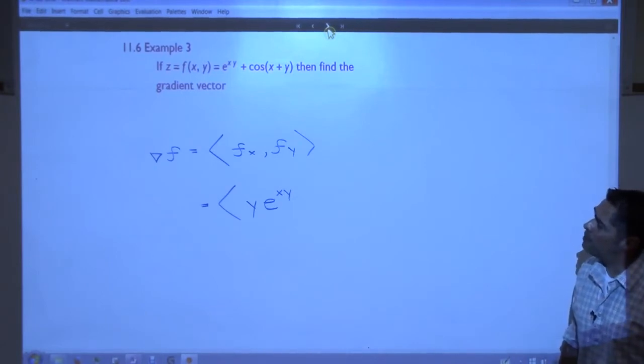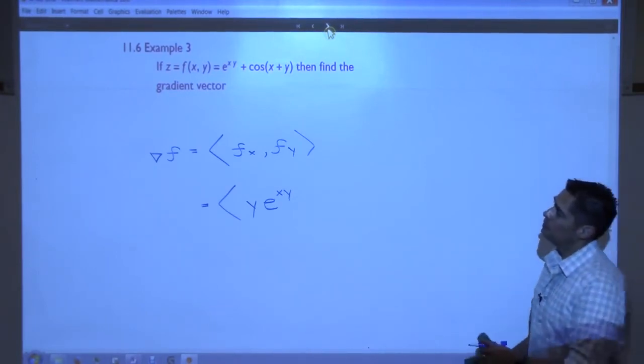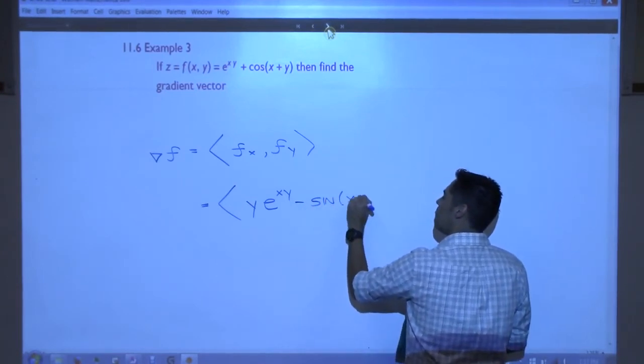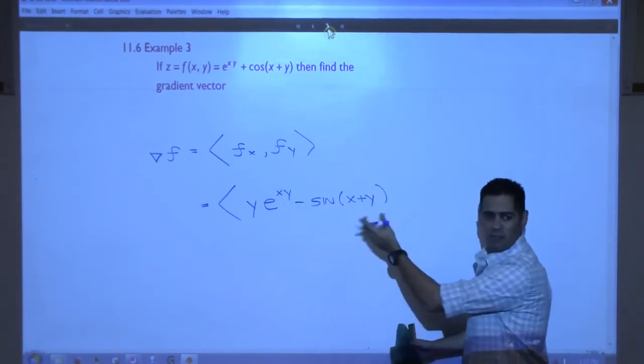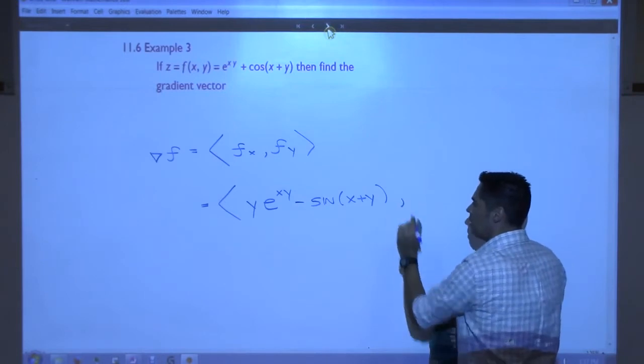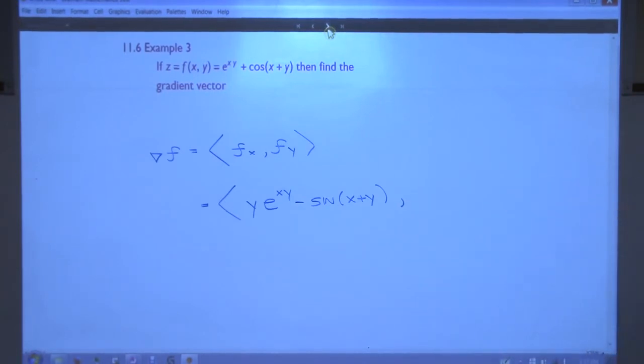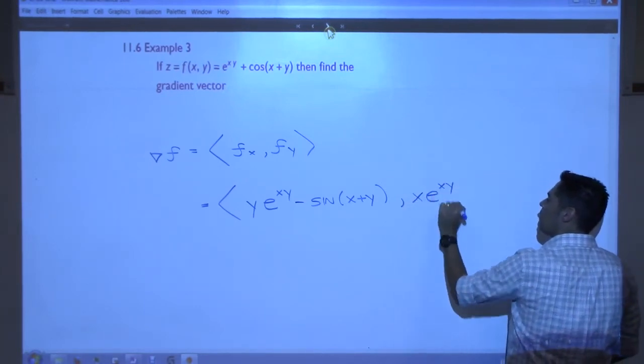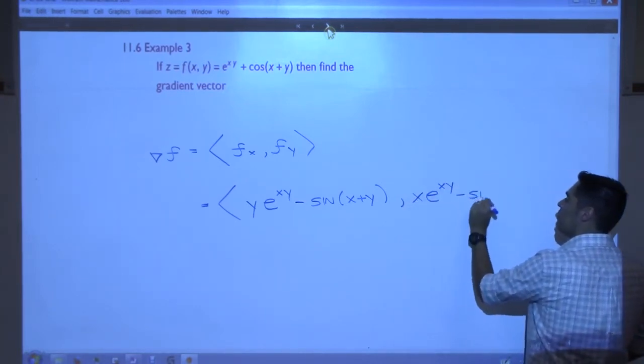What's the partial of that with respect to x? Negative sine of x plus y. Anything else there? That's it? Okay, I agree. And then now we do a comma. So the second component of the gradient vector is the partial of that with respect to y. So instead of y e to the xy, it's x e to the xy. And then minus, this part's exactly the same.